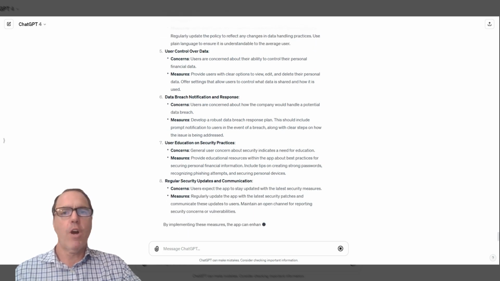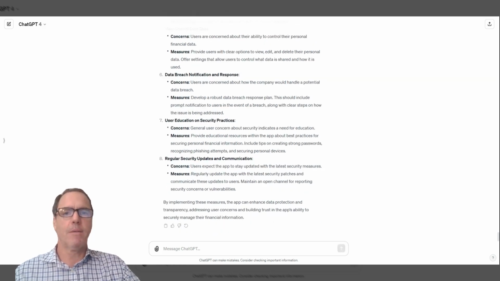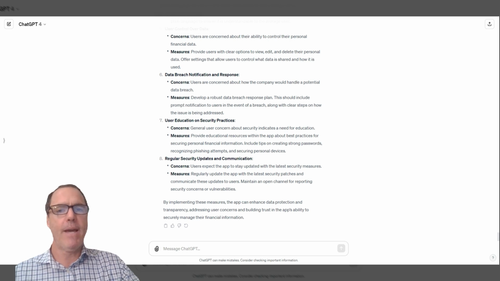So far we've asked it about priority areas, feature prioritization, customer support optimization, privacy and security improvements. It's giving us back the summary of the data that was there, and in some cases, making suggestions on how to make improvements. And those are ideas that we can think about. All right, so that's a lot of information.